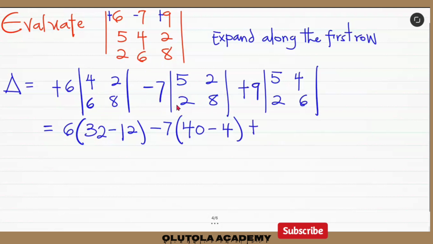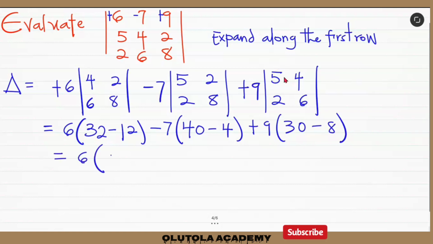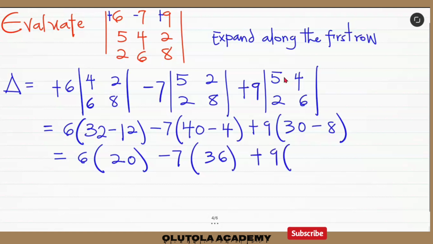And positive 9, that will be 30 minus 8. I'm going to work on this. I have 6 into bracket 20, negative 7 into bracket 36, then positive 9 into bracket 22.